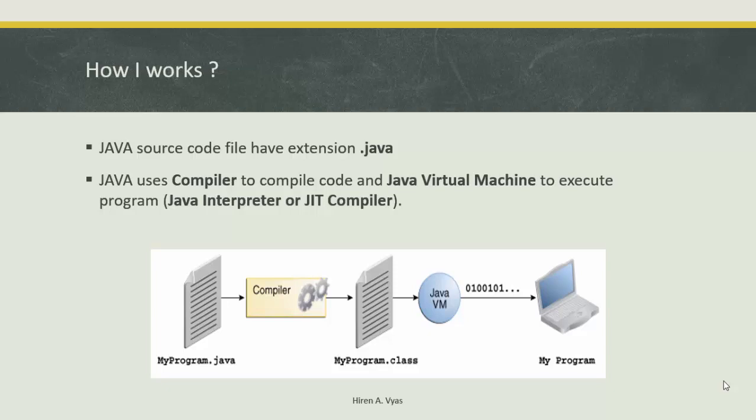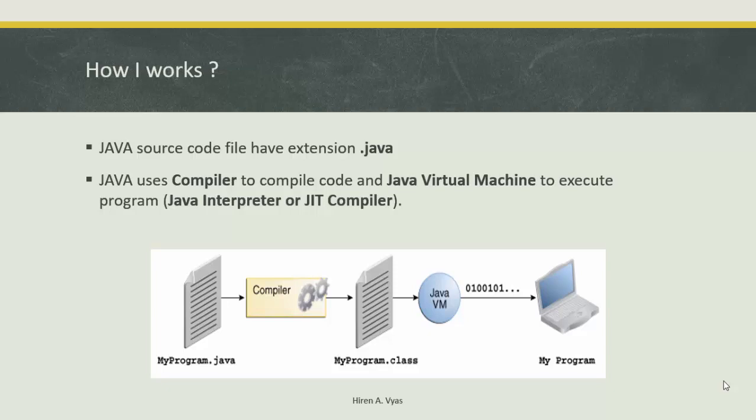It allows you to write source code. Once we write the source code, we save the file with the .java extension. As in the image, you can see we have given the program name, that is MyProgram, with the extension .java. Now we compile this program with the Java compiler, and we have the Java Virtual Machine to execute the program.